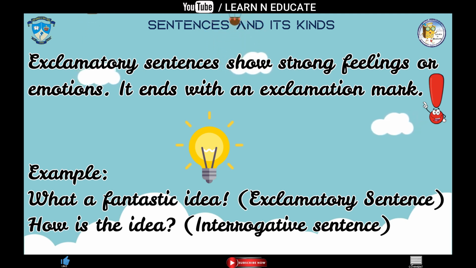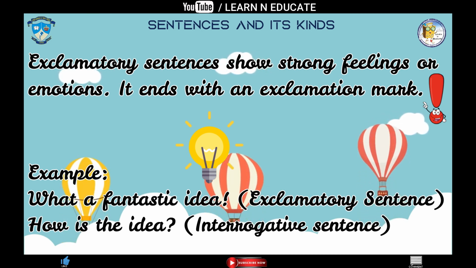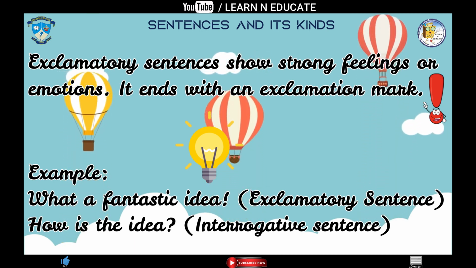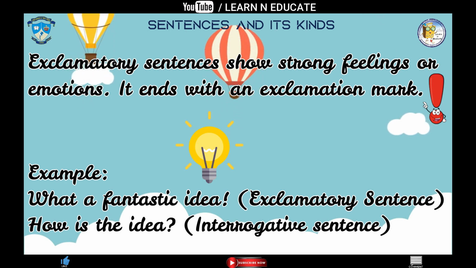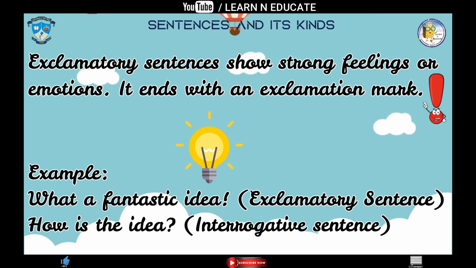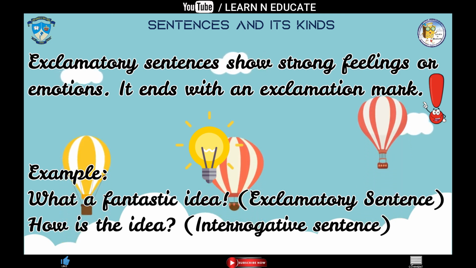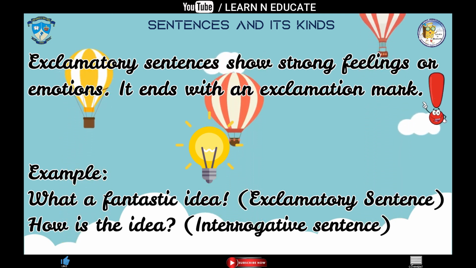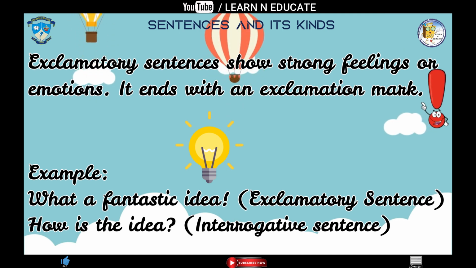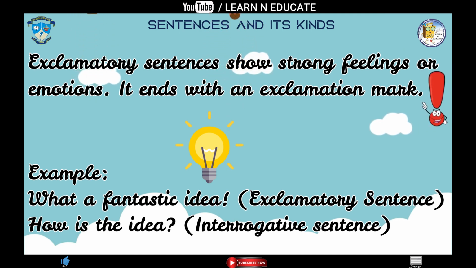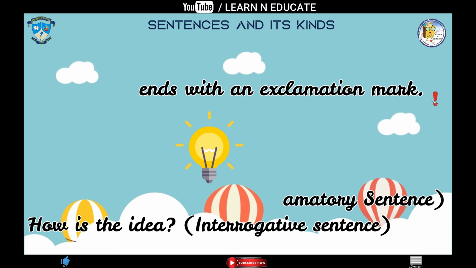Because if I want to ask a question, I will say, how is the idea? And then the answer will be, this is a fantastic idea. So, this sentence shows strong feeling that the idea is fantastic. That is why it has an exclamation mark at the end.